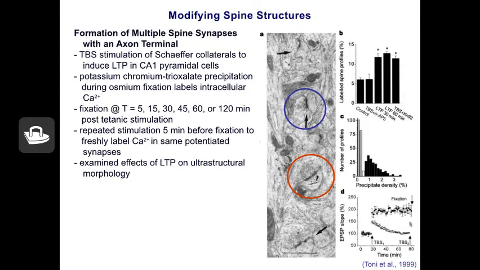In the upper graph, you can see that about 5% of the spines were labeled in sections that did not receive theta burst stimulation. Similarly, about 5% of spines were labeled with calcium precipitate if they were treated with APV and then stimulated.